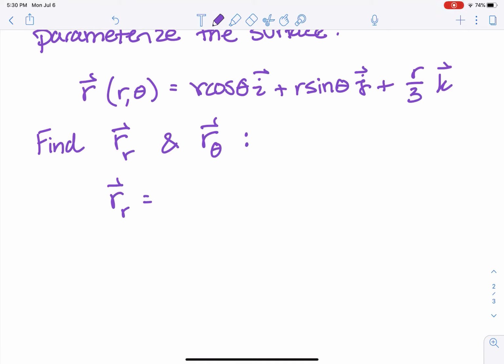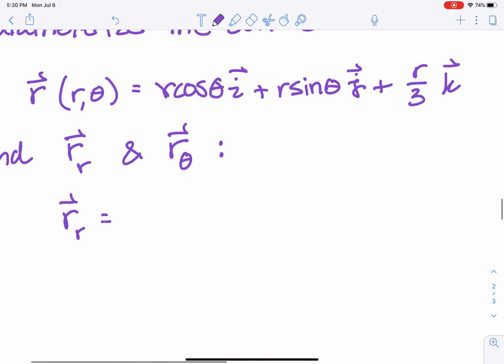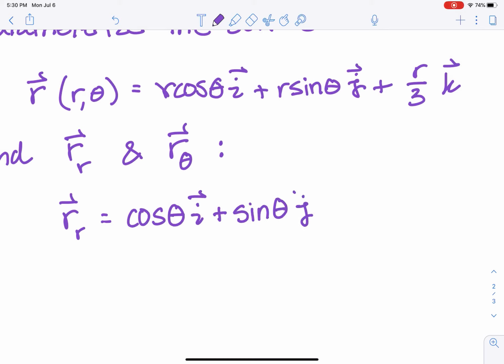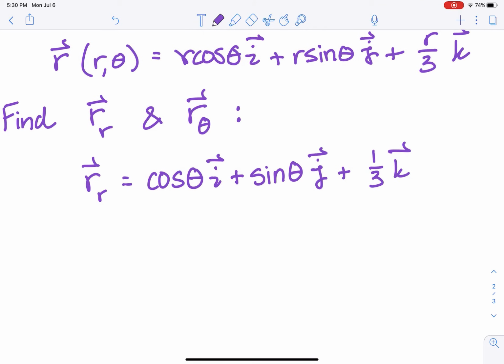So doing this real quick, we would get that it is just cosine theta in the i direction plus sine theta in the j direction, and then the partial derivative of r thirds would just be 1/3 in the k direction. So that's just 1/3 k. So we found our r partial derivative, and now we just need the corresponding theta one.